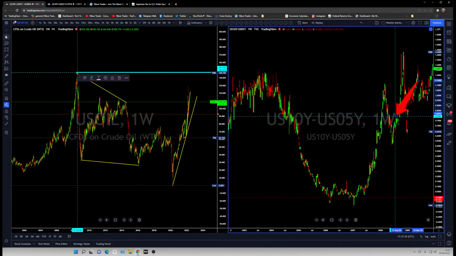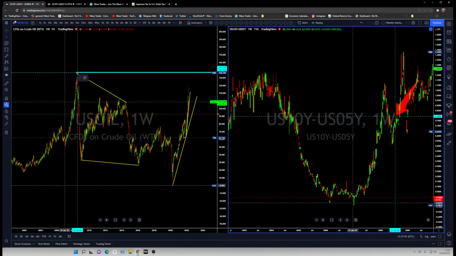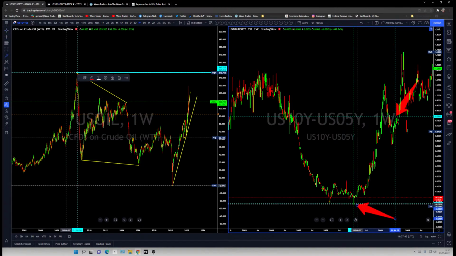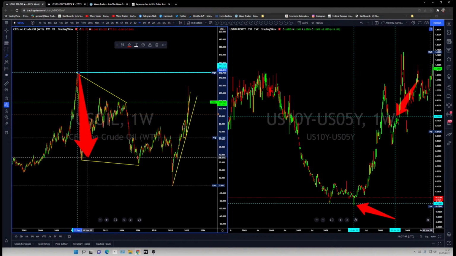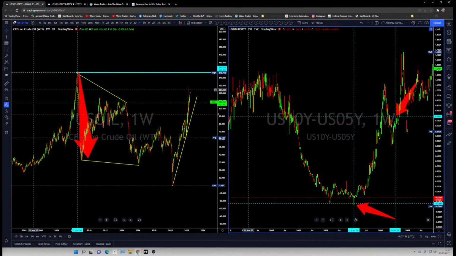So the yield curve had already given us a signal that the risk-on assets were about to crash. Oil was about to crash. This move was going to come within these areas.